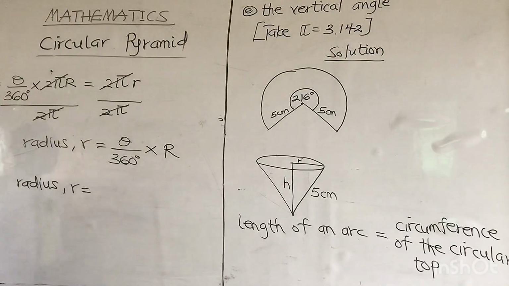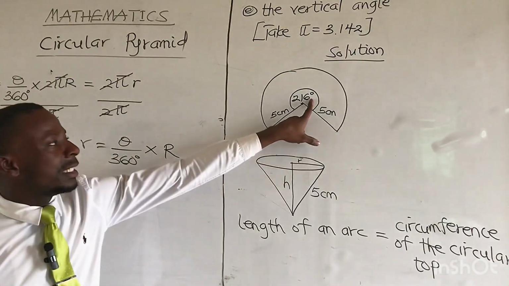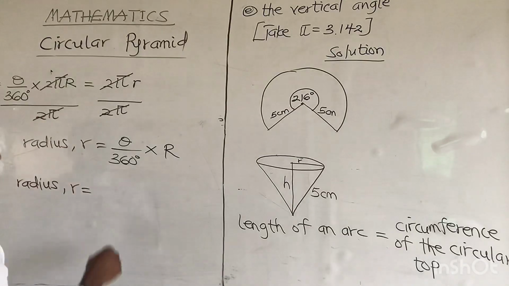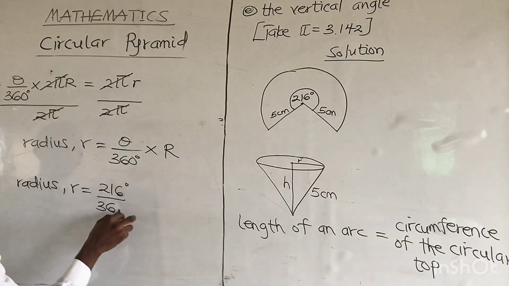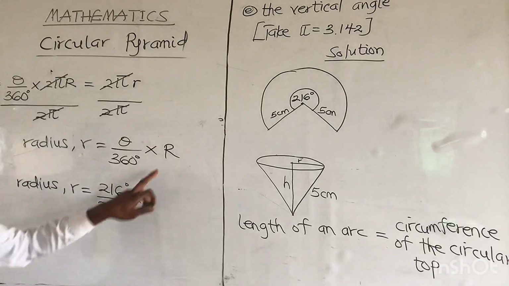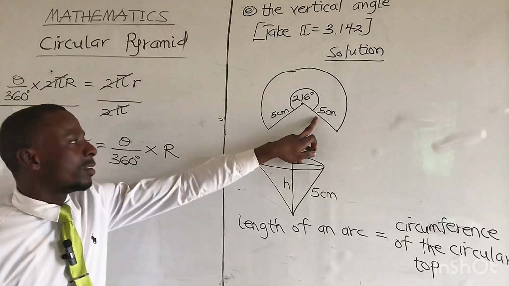is equal to theta, and from here the theta is 216. So we have 216 degrees over 360 degrees multiplying the radius of the circle, which is 5.